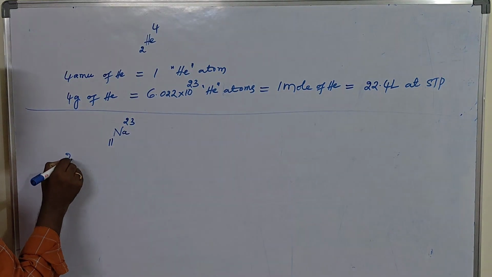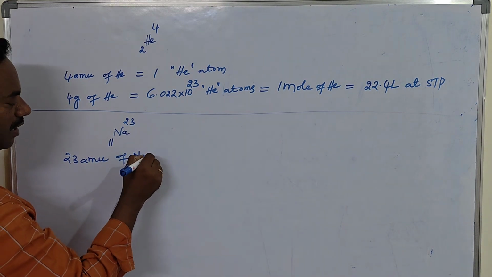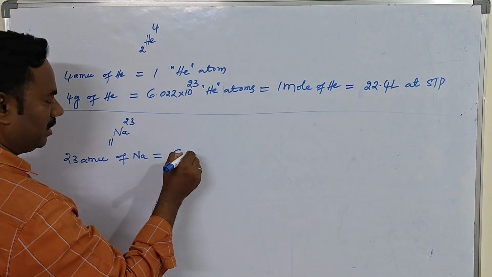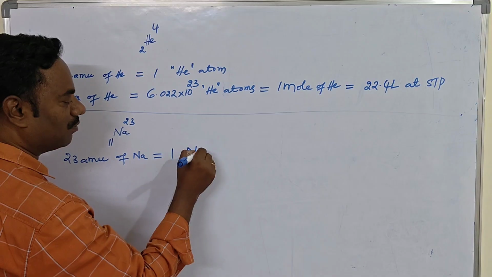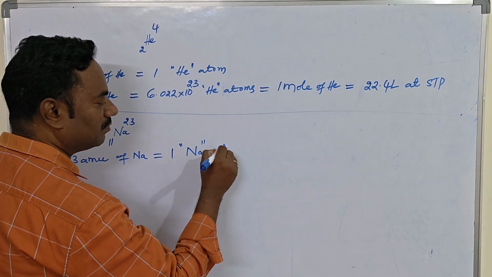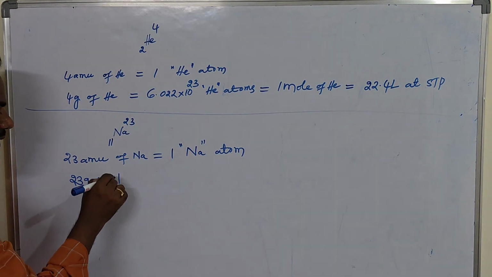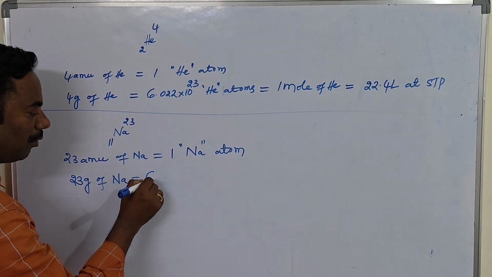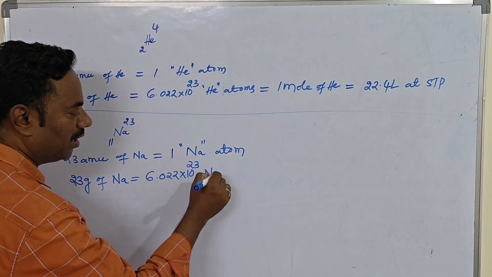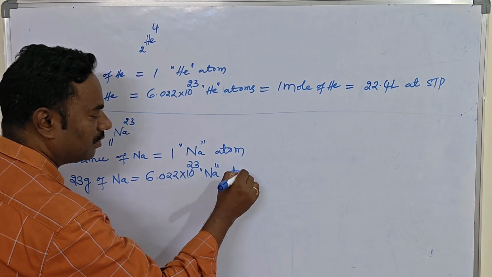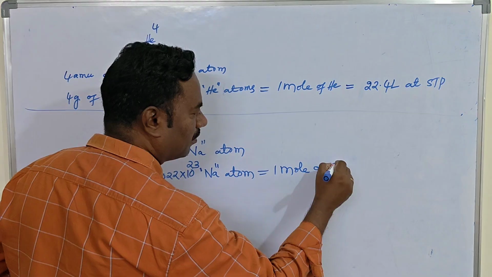If the mass is in AMU, 23 AMU of sodium contains 1 sodium atom. 23 grams of sodium contains Avogadro number, 10 to the power of 23, sodium atoms, so that it is equal to 1 mole of sodium.